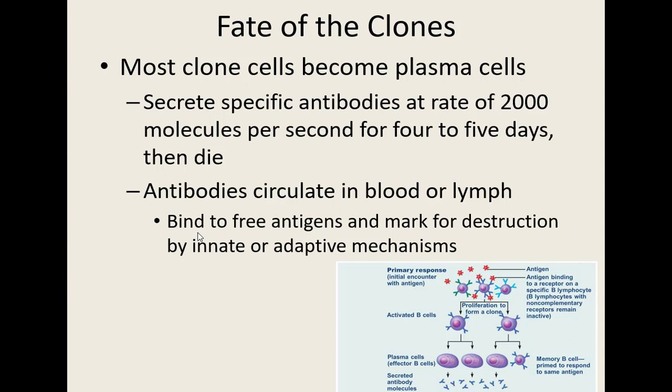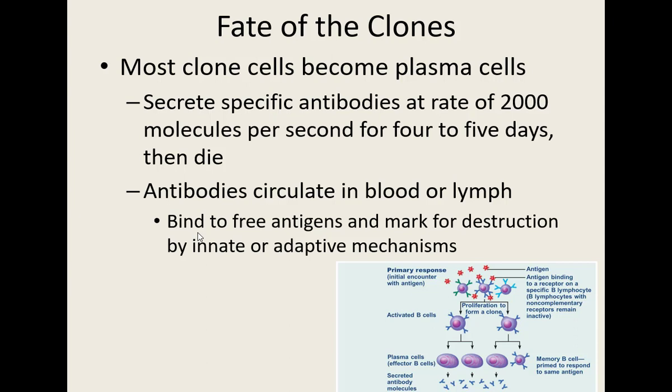I'm going to always probably shorten it to AB for short. One plasma cell can churn out 2,000 antibodies per second for about 4 or 5 days, and then it dies. Hopefully with enough antibodies and enough plasma cells, they can go target and get rid of that particular foreign object.